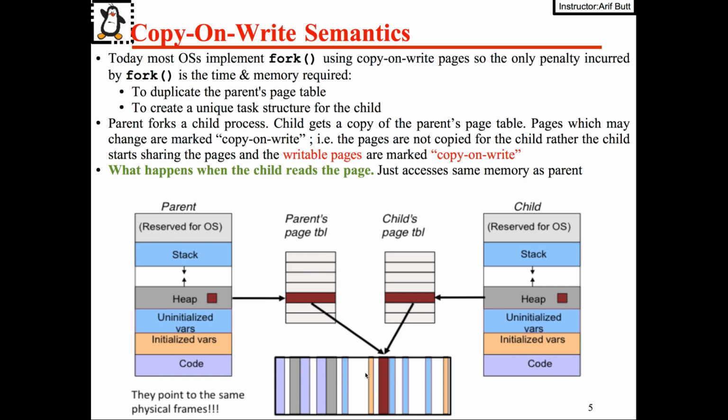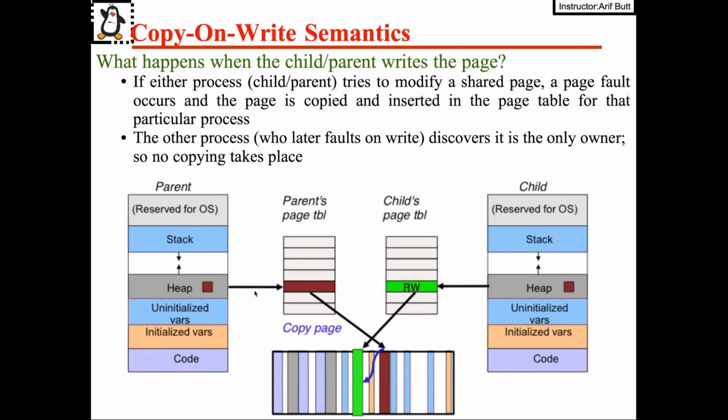But the question is, what happens if the parent or the child process tries to write this page? Remember, whether the child or the parent tries to write the page, a new page is copied and placed in the page table of that process. Suppose the child tries to write.